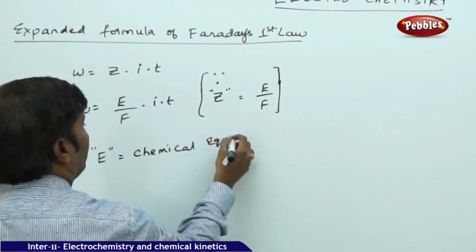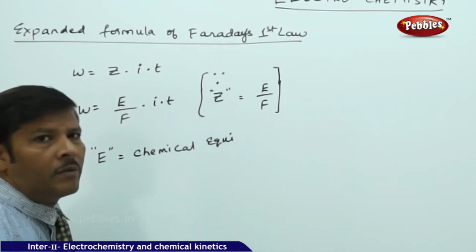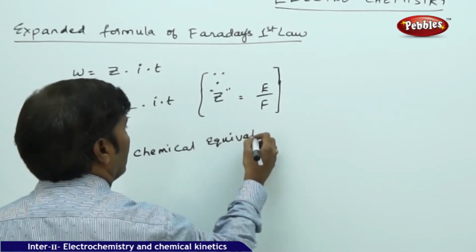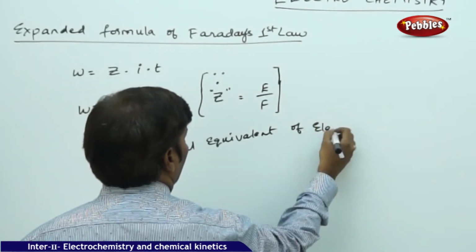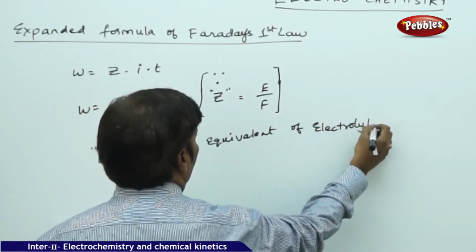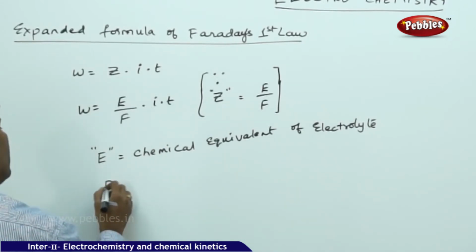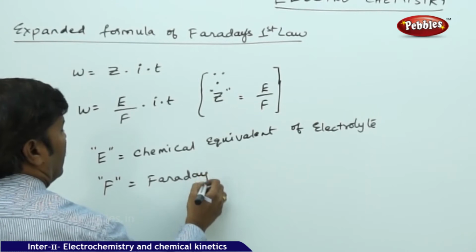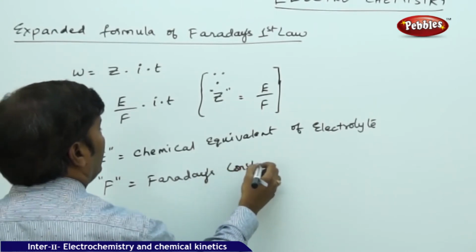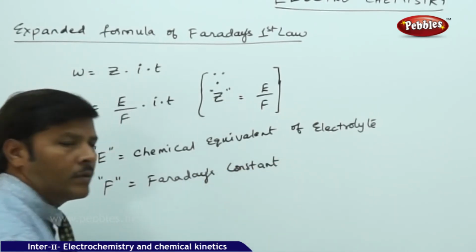Chemical equivalent is different and electrochemical equivalent is different, mind you. E is the chemical equivalent of the electrolyte, and F is the Faraday's constant. What is this Faraday's constant all about?